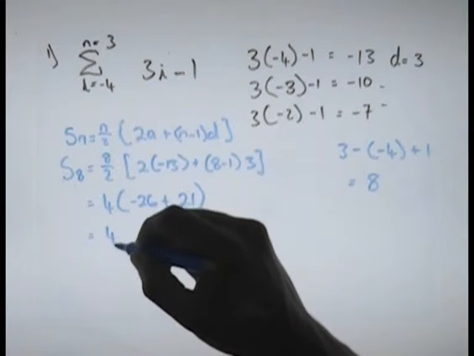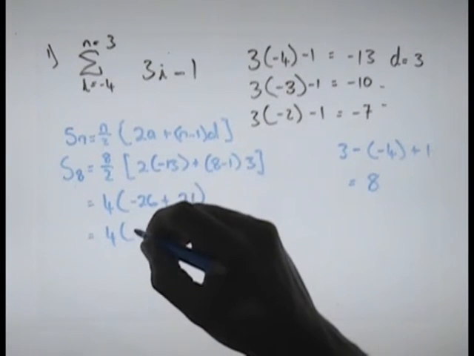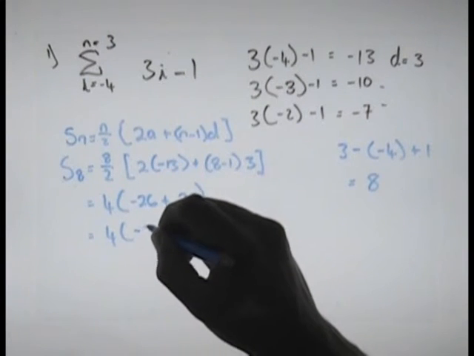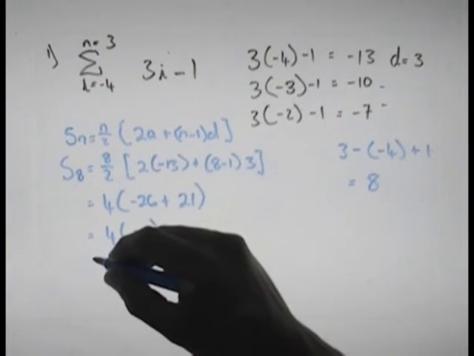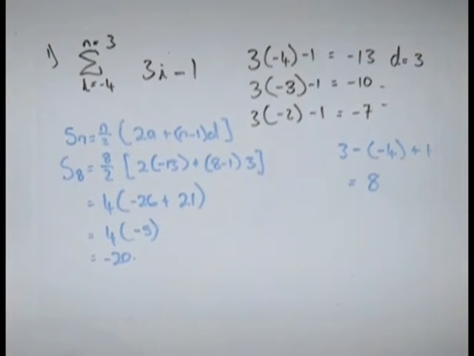That's going to equal 4 multiplied by negative 26 plus 21 is equal to negative 5. 4 multiplied by negative 5 is equal to negative 20. I'm not going to do this for every question, but just for this first one, I'm going to check if that's correct.